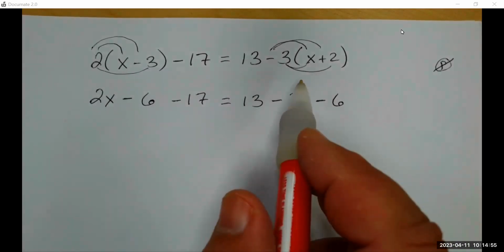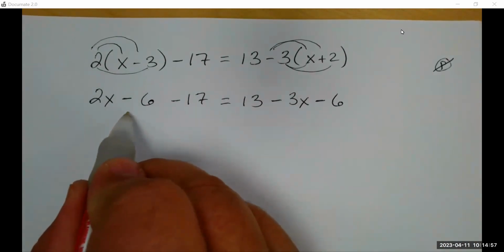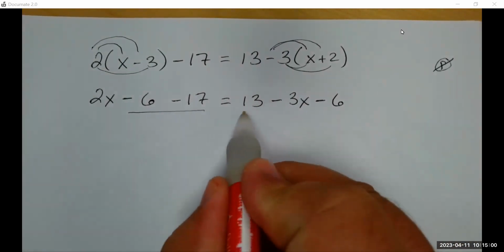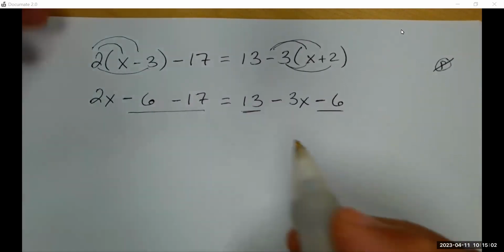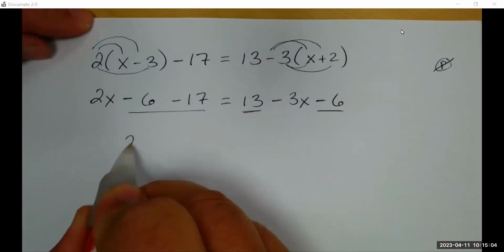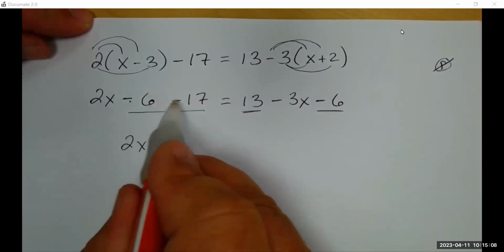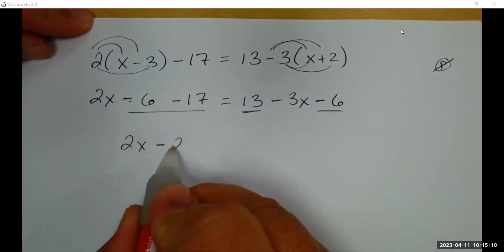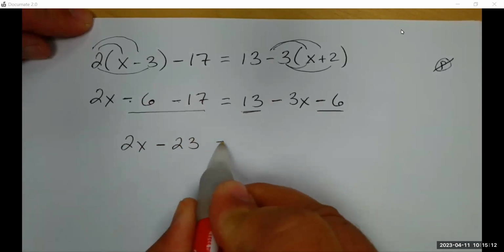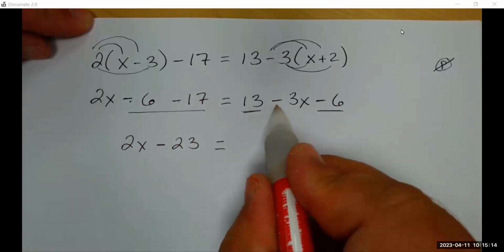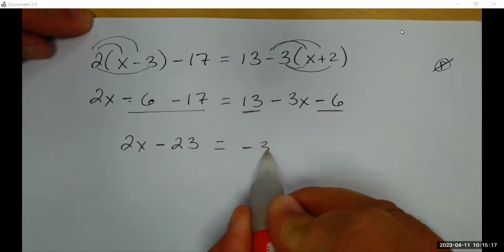We got rid of parentheses, so the first thing we have to do is combine like terms. Those two and these two. They're both negative on the left side, so we add them. 17 plus 6 is 23. Negative 3x.